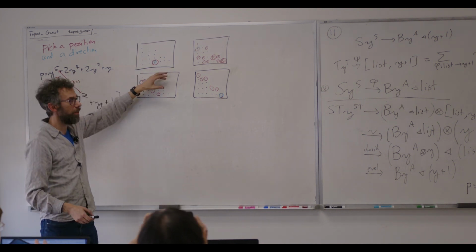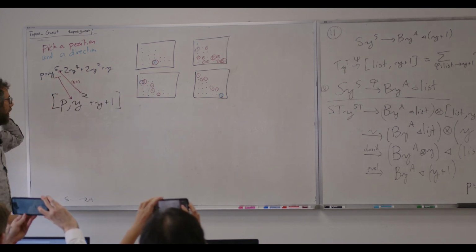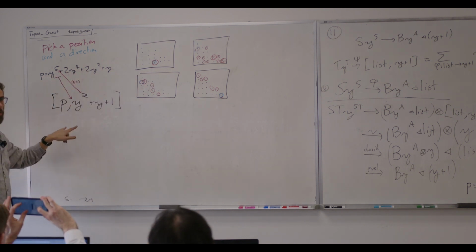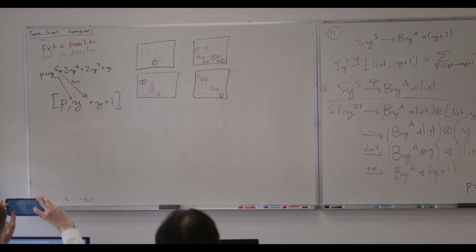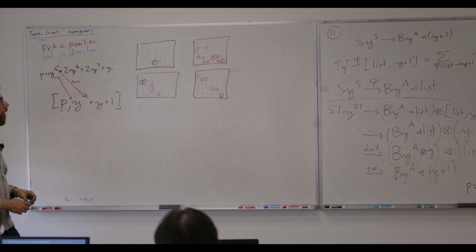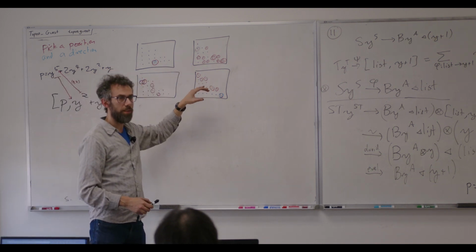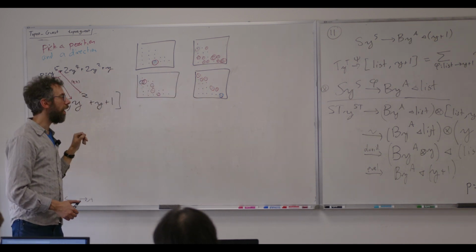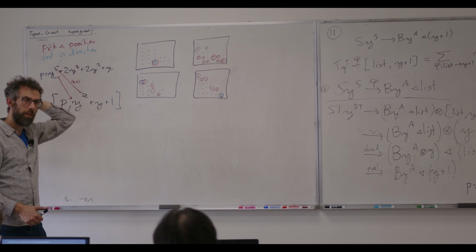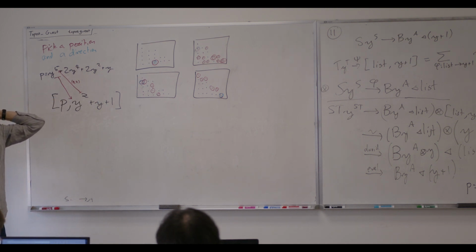Those are exactly these sorts of weird pictures, and this is how the internal HOM works. The internal HOM is all the possible ways in which you could do this. These are 4 different positions, and for each one we chose one direction. I asked you to choose a position and a direction there.